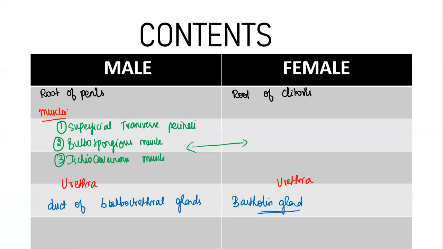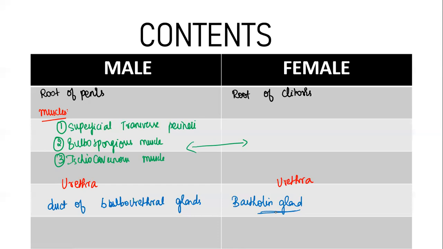Why did I stress this point? When we look into the contents of the deep perineal pouch in the male, I will tell you bulbourethral glands. So if somebody asks you bulbourethral gland is a content of, your answer should be deep perineal pouch. If somebody asks you duct of bulbourethral gland is a content of, superficial perineal pouch.